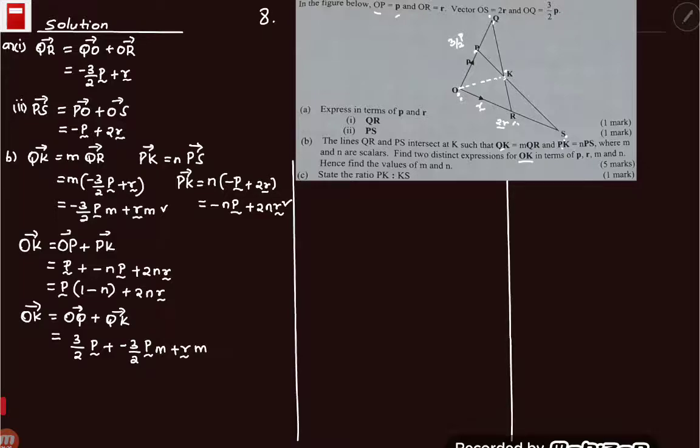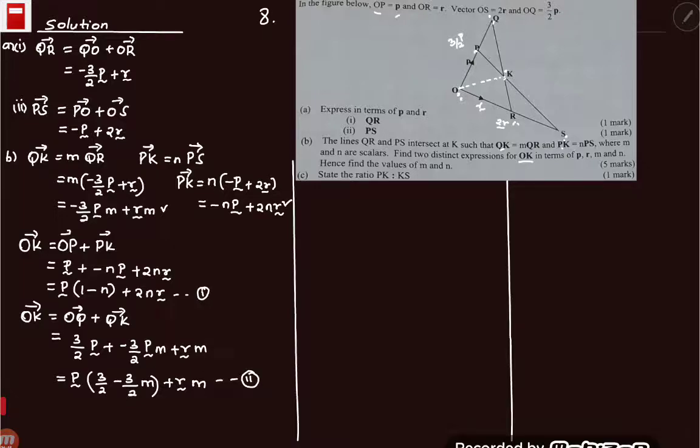Now factoring out the common vector, we will have P into brackets 3/2 minus 3/2 M plus RM. Now you realize we have two expressions for OK. We can call this one and this two.